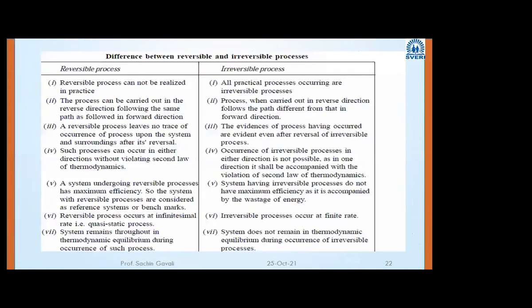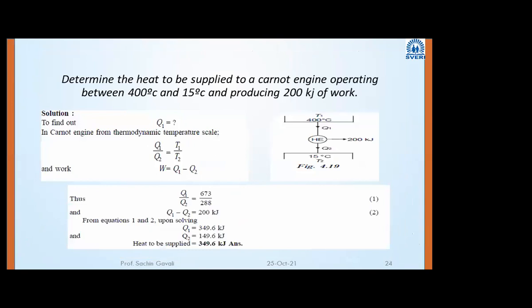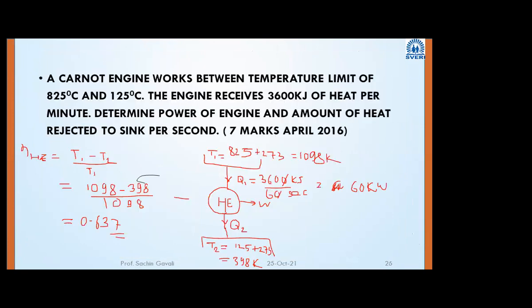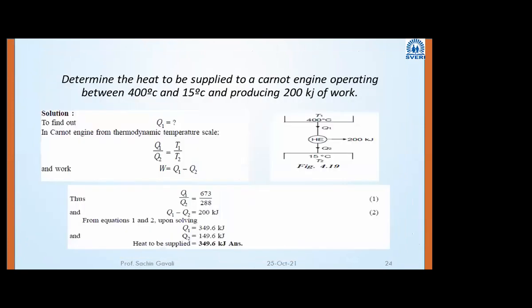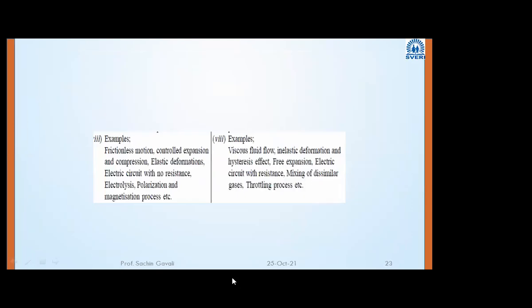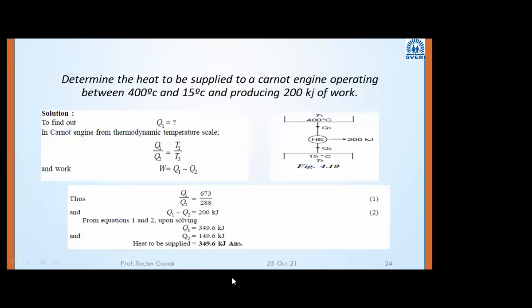So I think last time we discussed reversible and irreversible processes. Then we discussed the Carnot cycle. Am I right? Somebody can unmute and tell. In the last lecture, one numerical was also solved on the concept of Clausius inequality.